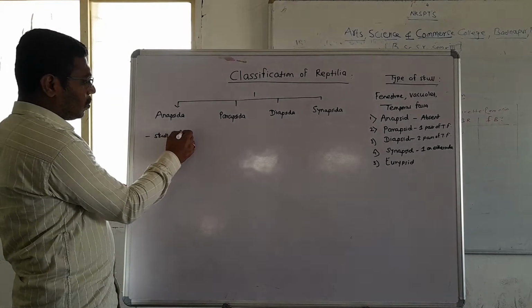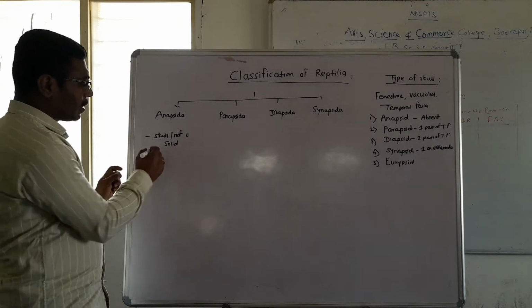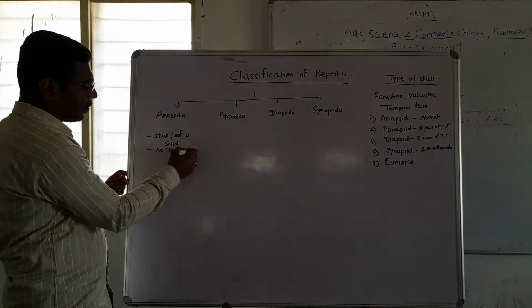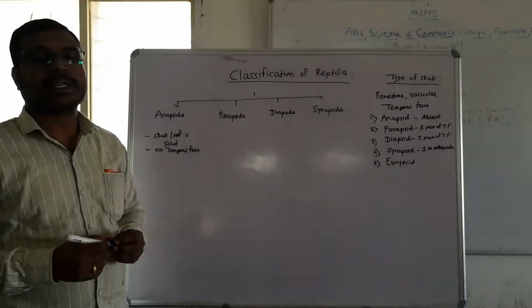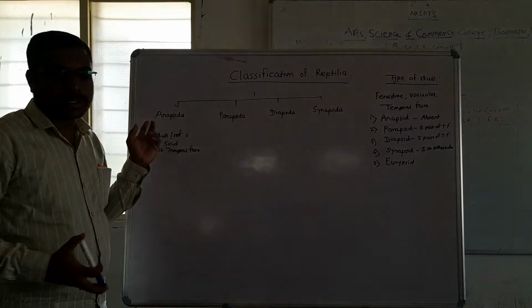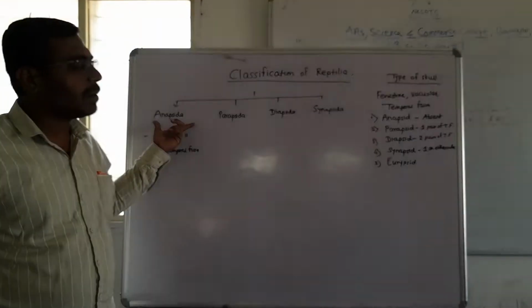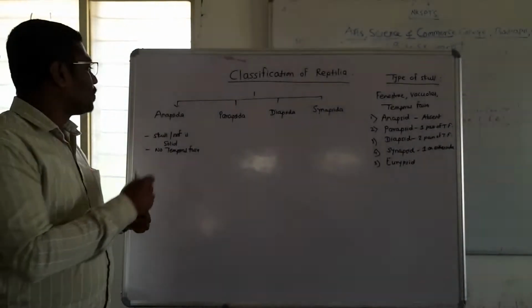Such temporal opening is absent in this skull. Such type of reptiles are called Anapsids. They are included in order Anapsida.